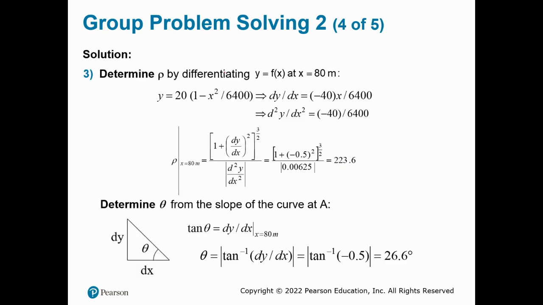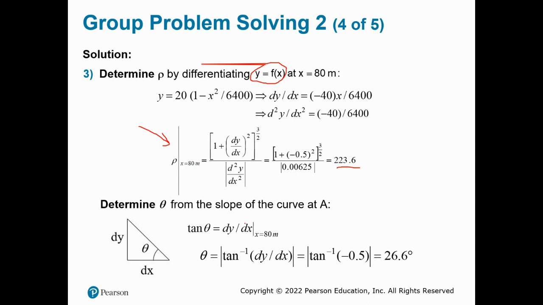We know that y equals f of x. This is a function, a parabola, so y is a function of x. We can use this equation right here, which we saw in the previous slides. We need dy/dx, so we take the first and second derivatives of y with respect to x and plug them into this equation to find the radius of curvature at that moment, at x equals 80 meters.